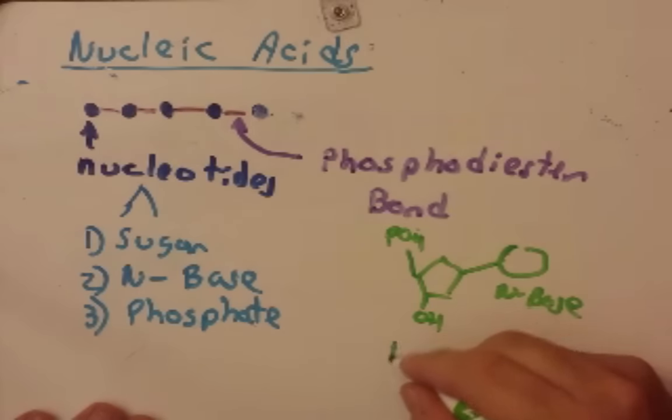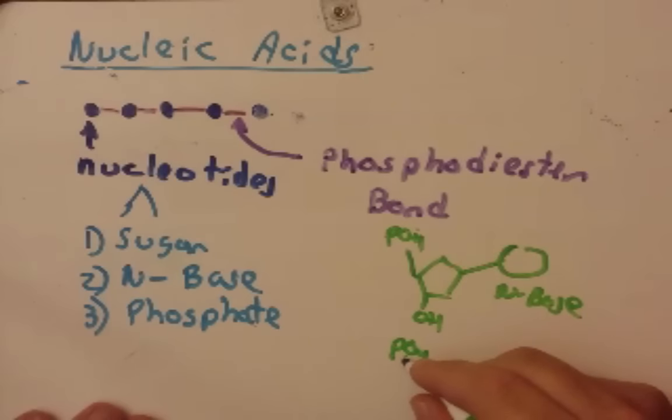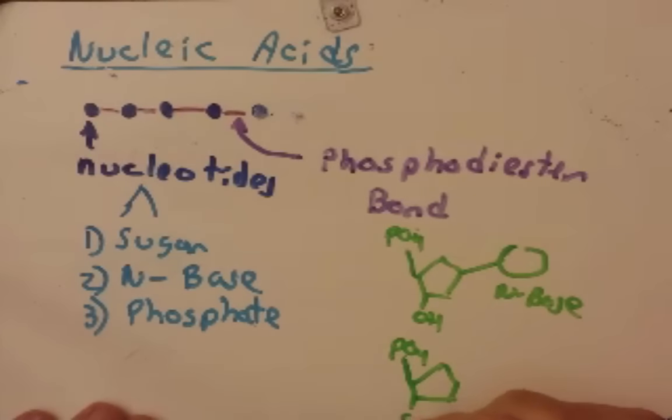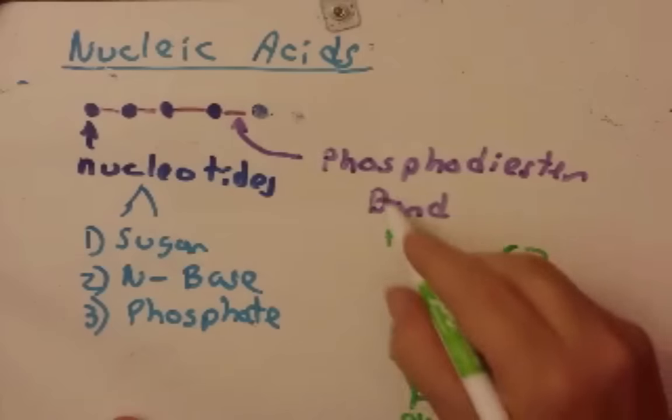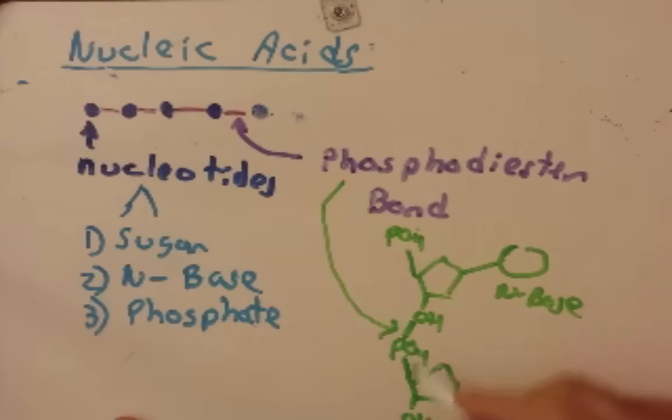So the next nucleotide is going to be below here. And this is where that phosphodiester bond forms to help make this linear sequence of nucleotides.